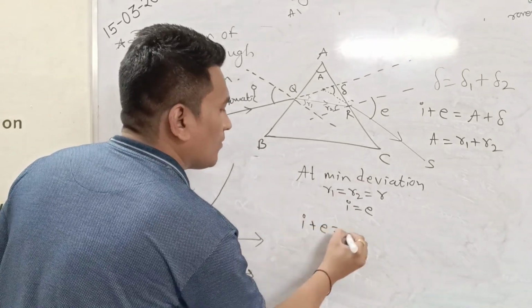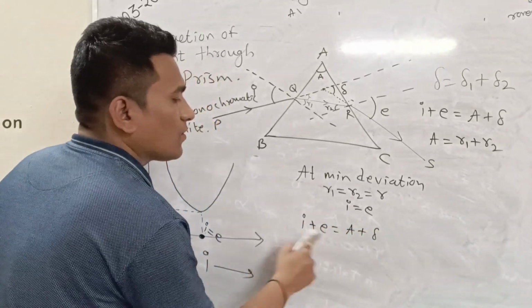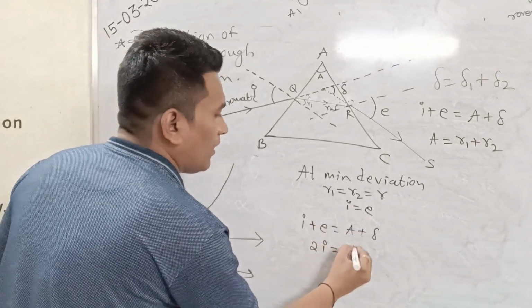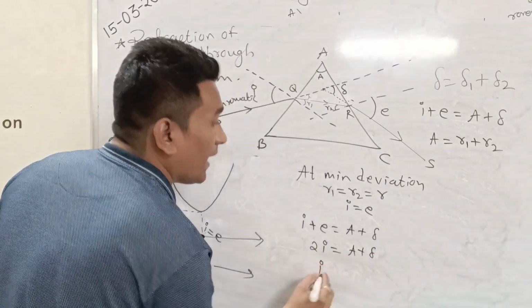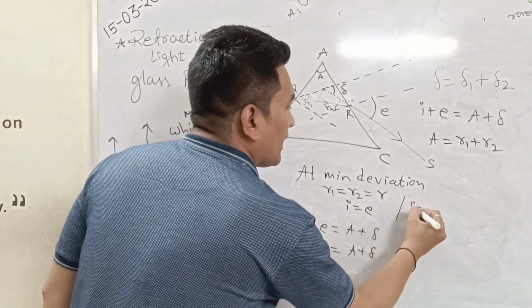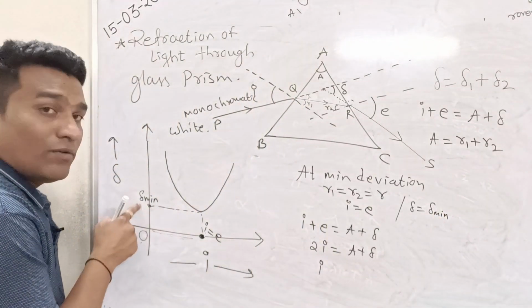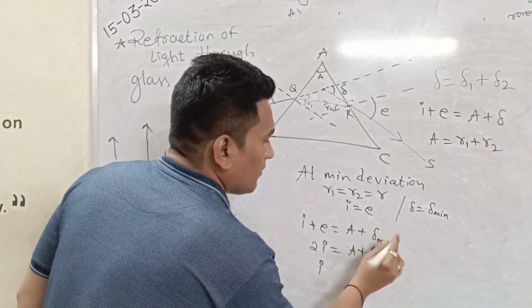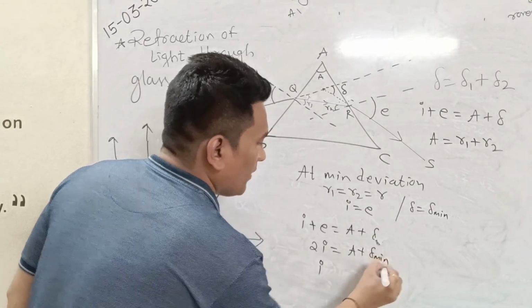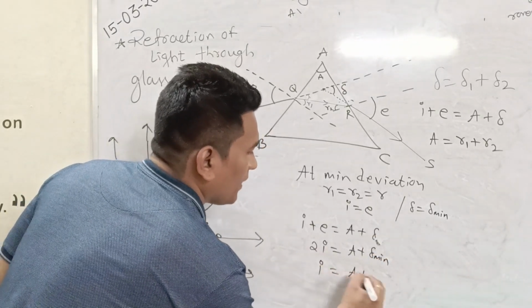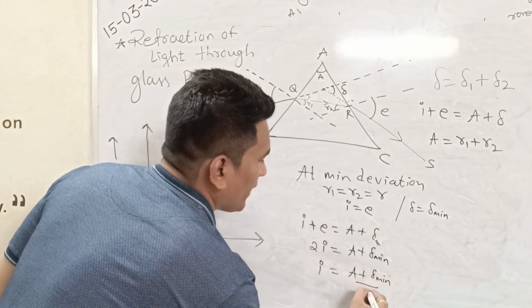I plus E is equal to A plus delta. So let us write 2I is equal to A plus delta, and delta is equal to delta minimum. So I is equal to A plus minimum deviation divided by 2.